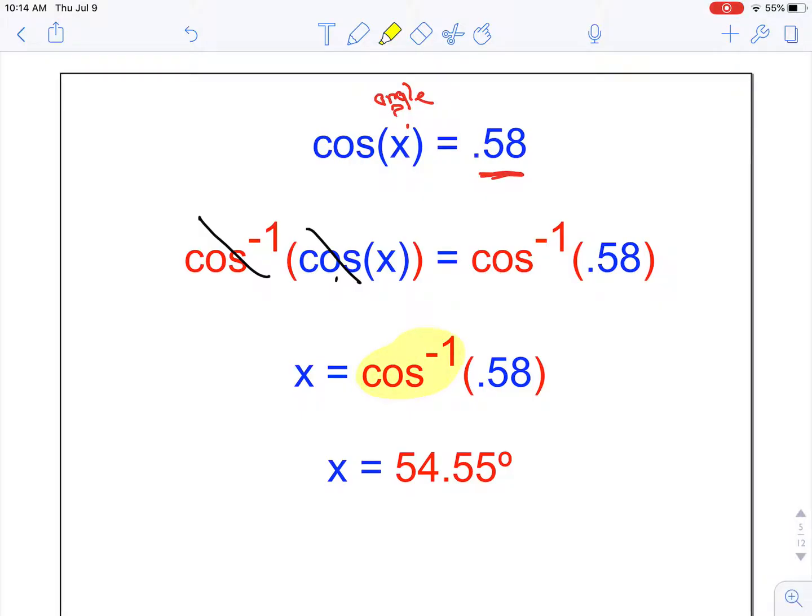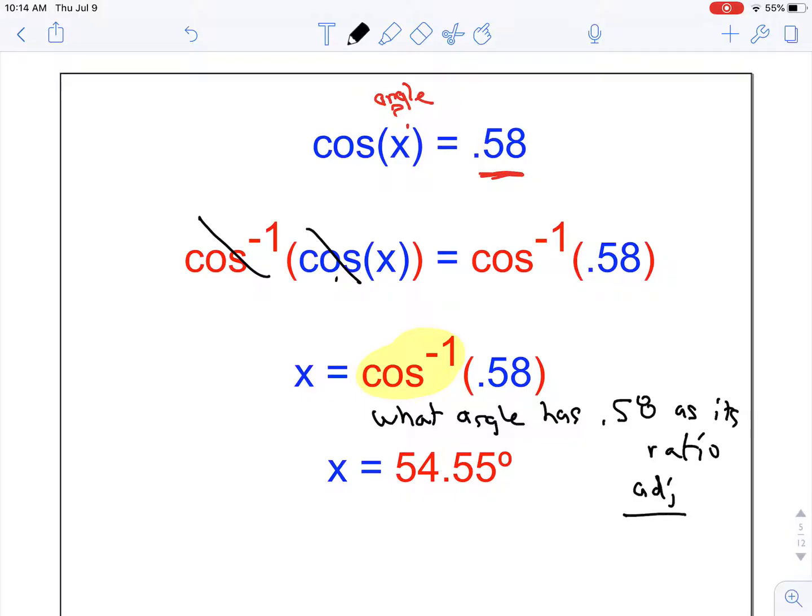So this piece right here is telling your calculator to find what angle matches with 0.58. So you're telling your calculator what angle has 0.58 as its ratio for dividing the adjacent side by the hypotenuse.